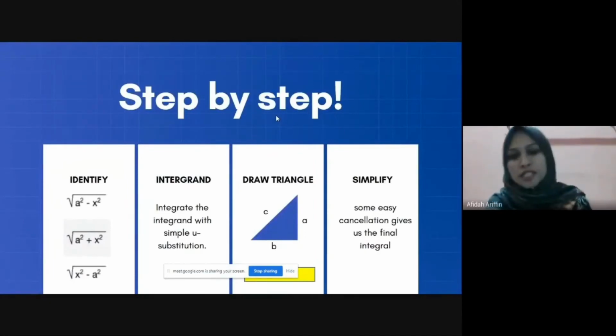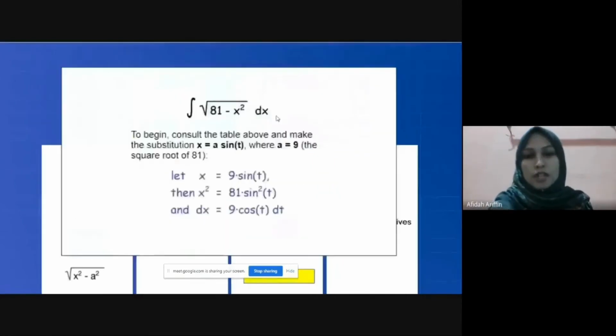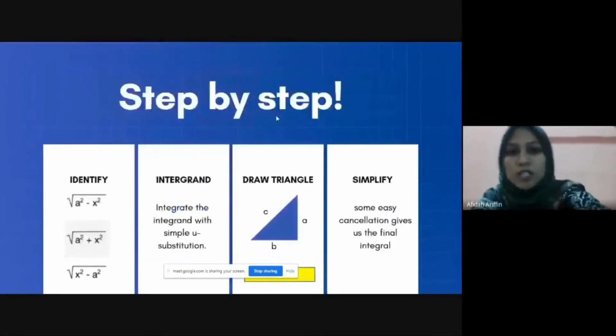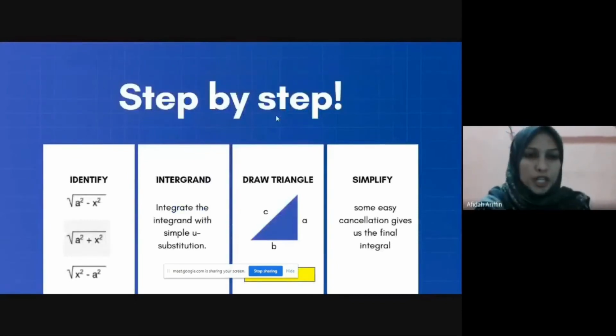The first step is you have to identify the trigonometric expression. If you get the question, firstly, you have to identify which trigonometric expression you will use. For example, for this question, you can see the question asks about square root of 81 minus x squared. Based on this question, you have to find which trigo expression we will use.